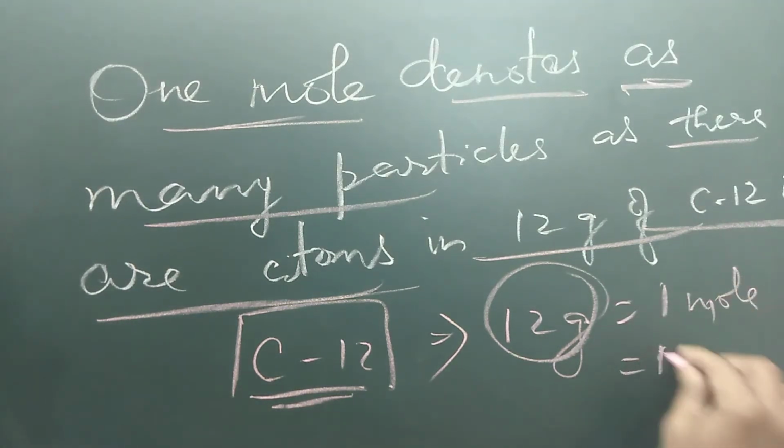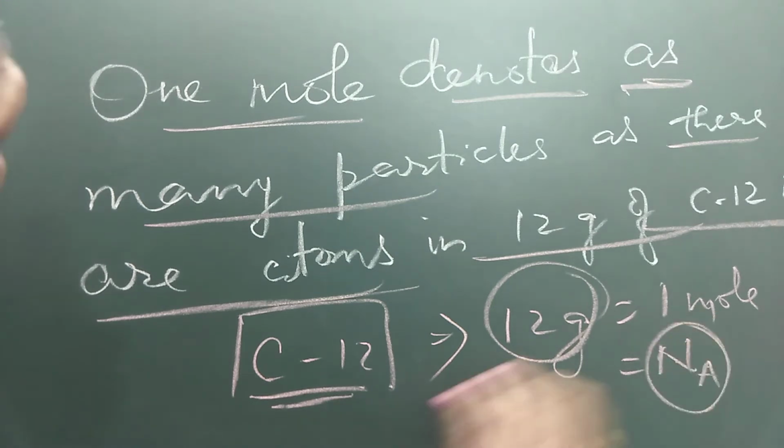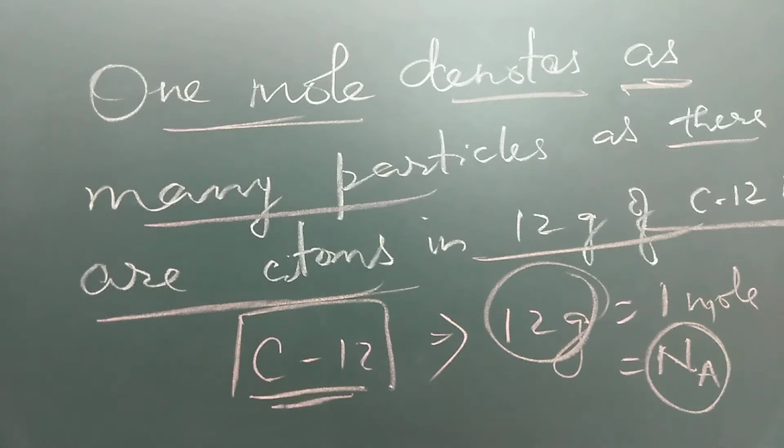Avogadro number of particles. So Na is known as the Avogadro number, which is 6.022 into 10 to the power 23 particles. Just keep in mind that 1 mole represents Avogadro number of particles, as many as there are atoms in 12 gram of C12 isotope.